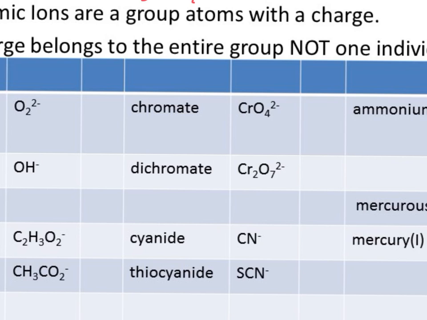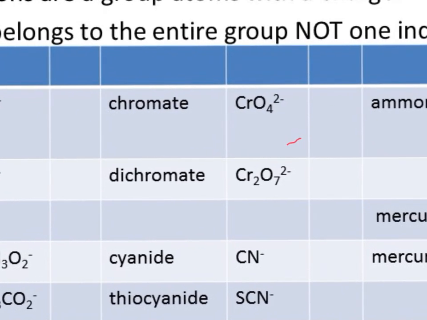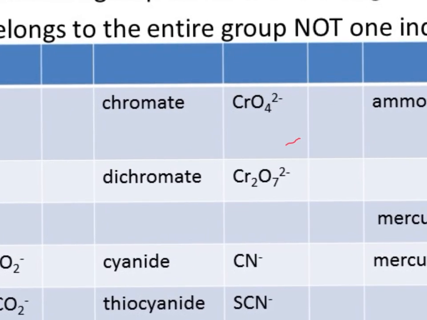A common misperception is people want to think that each of those oxygen atoms has a 2- charge. That's not the case. That 2- charge belongs to that entire group of atoms. That entire group of atoms together shares those 2 extra electrons. The same for dichromate. If we look at cyanide down here, it's that carbon and that nitrogen together that have 1 extra electron and a charge of -1.